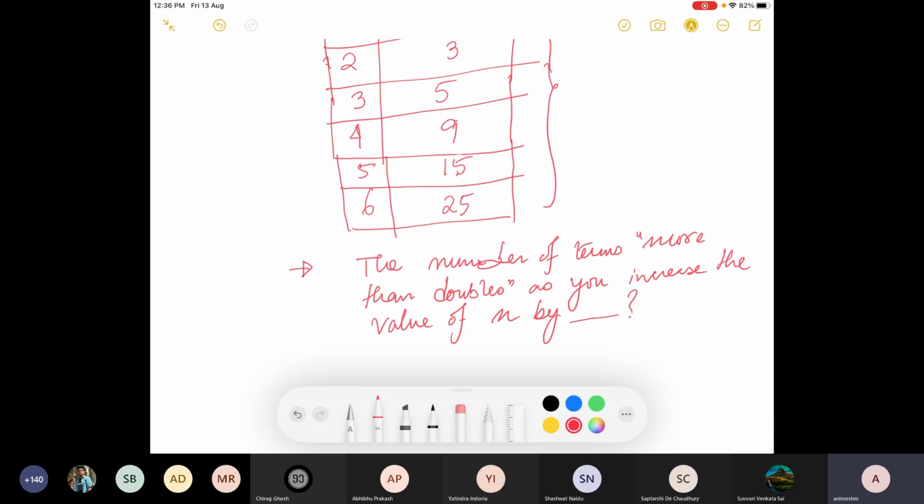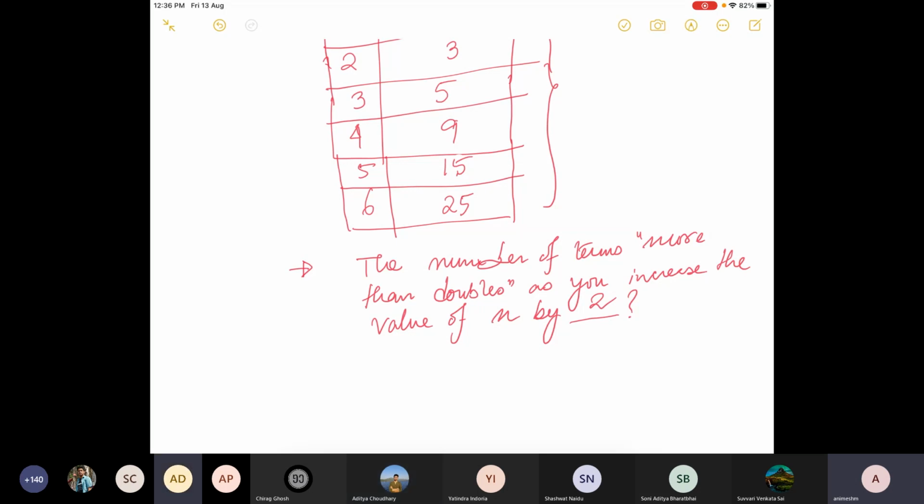Can you tell me? It doubles, minus the Fibonacci sequence. Increase n by 2. Increase n by? Yeah, you are correct. Come again? By 2. Okay. And is this okay with everybody else? Do you see this? Your friend has already seen this.